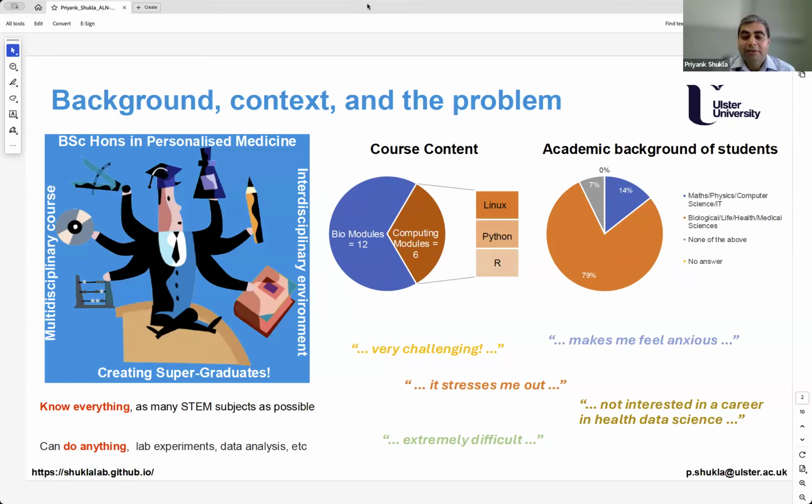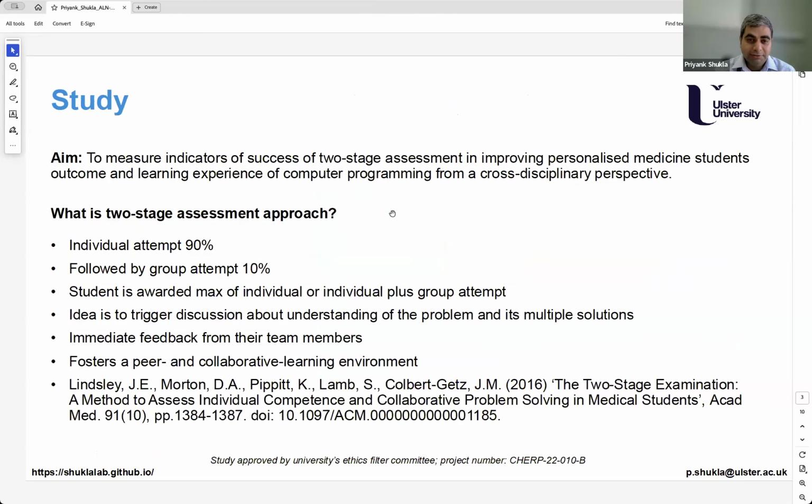So in that space, I tried to run a study where I wanted to measure the indicators of success of a two-stage assessment approach and see if it can actually improve the learning experience and outcome of those students who are trying to learn computer programming from a cross-disciplinary perspective.